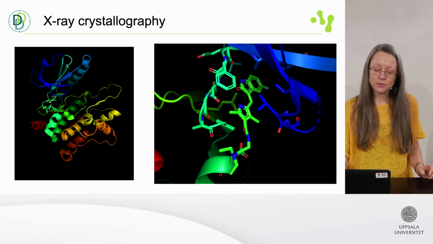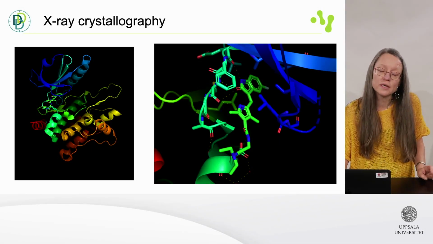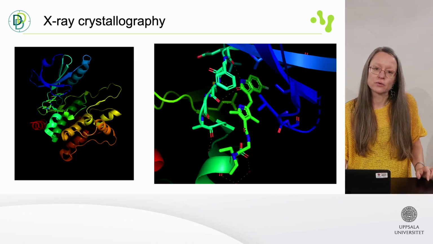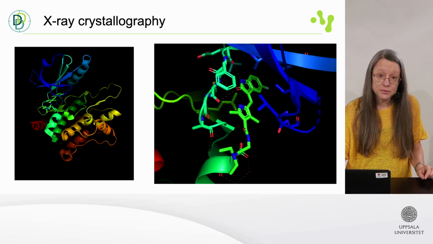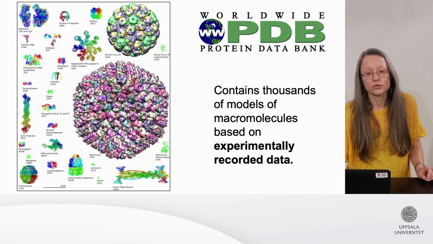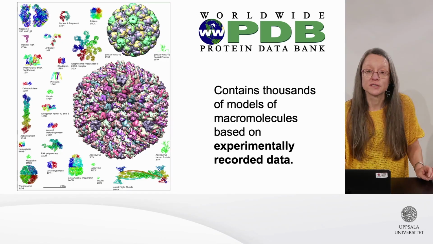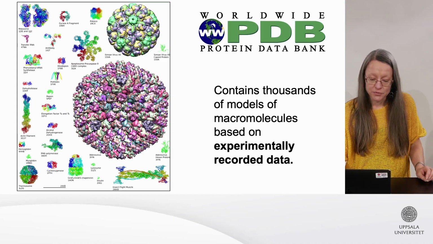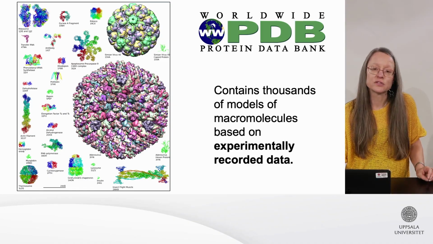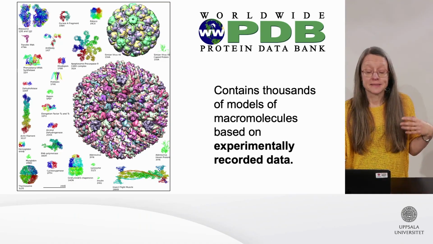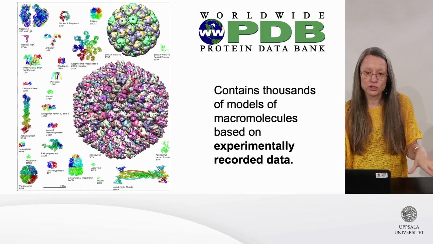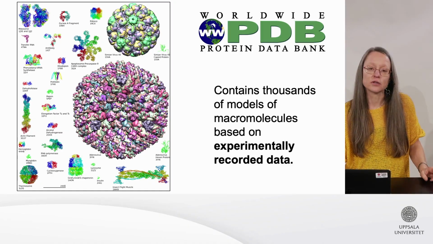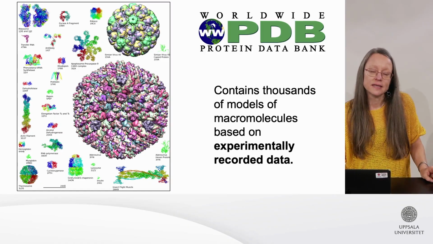So at the DDD, we tend to, if possible, crystallize our target together with the compounds that we produce, the small molecules that we develop. But we can also use all the information about structures that is available in the Protein Data Bank, the PDB. So this is a data bank containing thousands of solved structures where the scientists have published a structure and then deposited the coordinates and the data into this database.